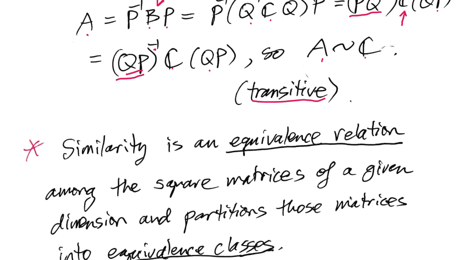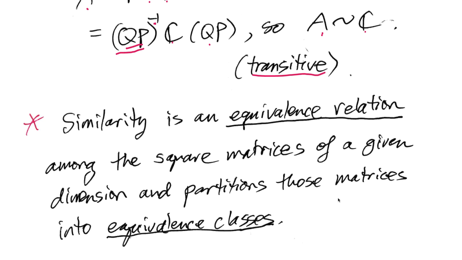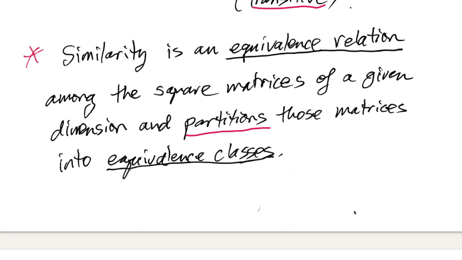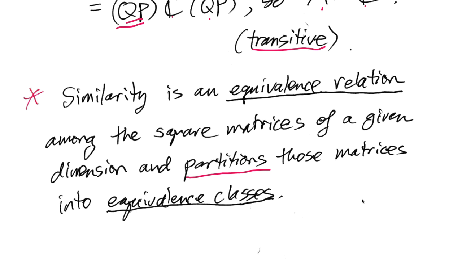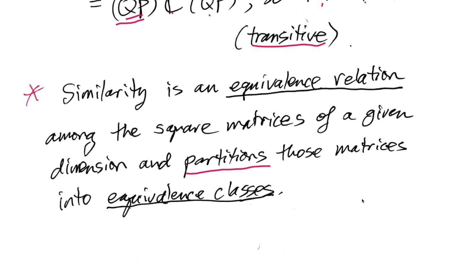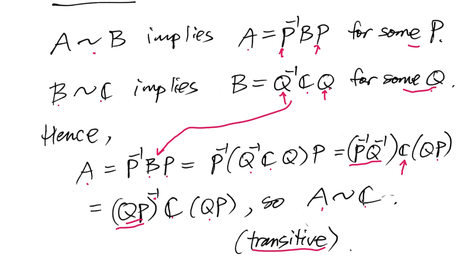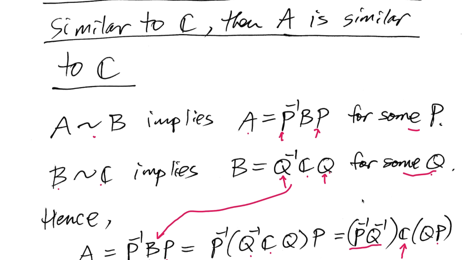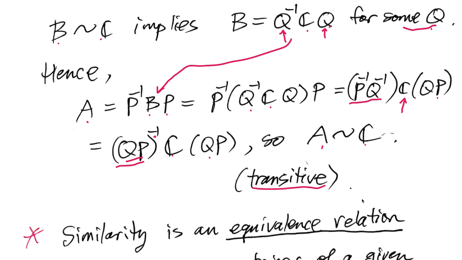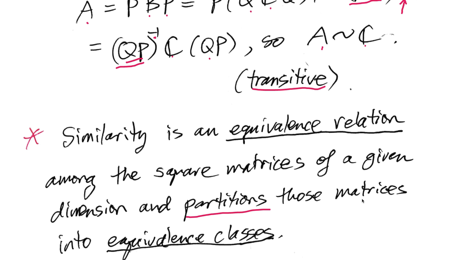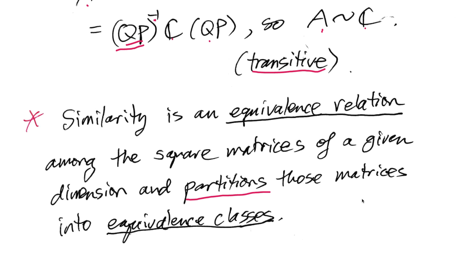Similarity is an equivalence relation among the square matrices of a given dimension and partitions those matrices into equivalence classes. So it divvies up the square matrices of a particular dimension into what we would call equivalence classes. We don't want to delve deeply into equivalence relations here, but I hope you get the idea.